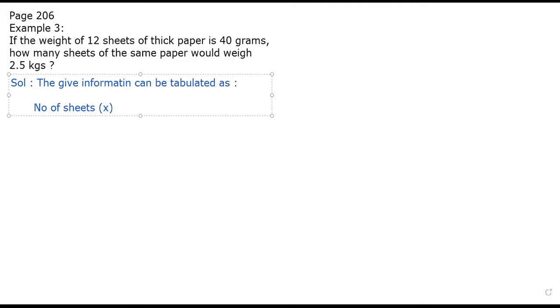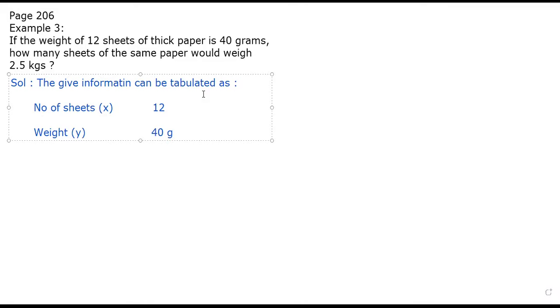Number of sheets as X, and weight as Y. How many sheets? 12 sheets. And weight? 40 grams.